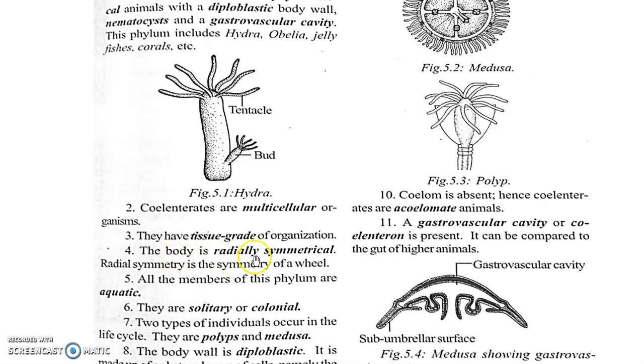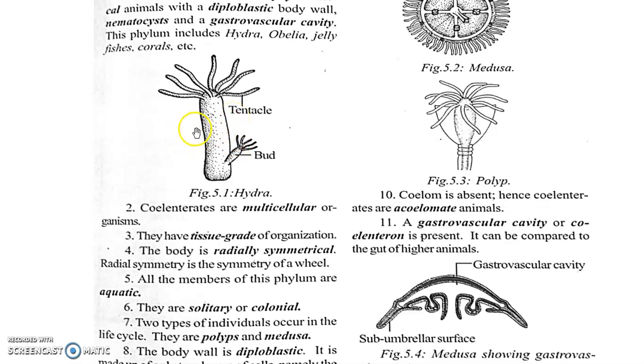The body is radially symmetrical. You all know the symmetry. Body symmetry, how is it? This is radially symmetrical. Radially symmetrical means what? Suppose take some organism.